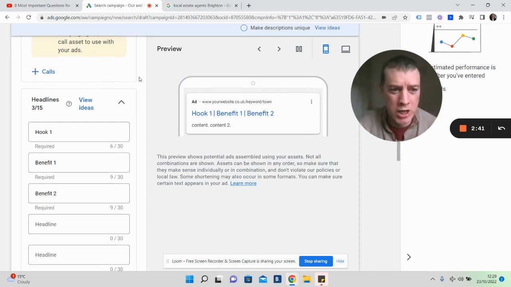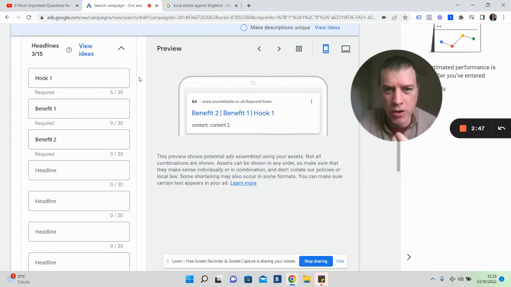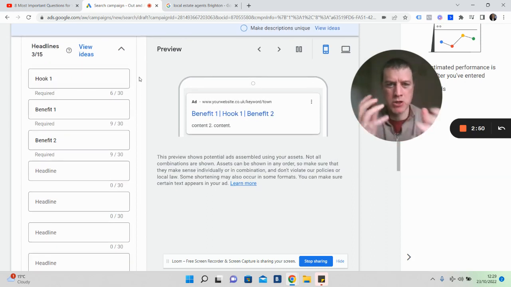Now Google's giving you the ability to upload up to 15 headlines, and I think it's up to 5 descriptions. Basically Google are saying, listen, you give us the information and we'll then choose what to display to the consumer who's Googling, broadly, estate agency in your town.